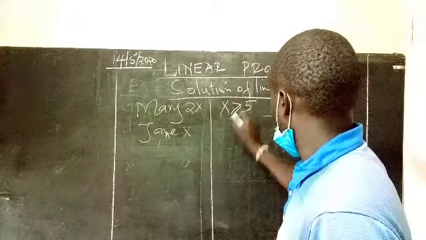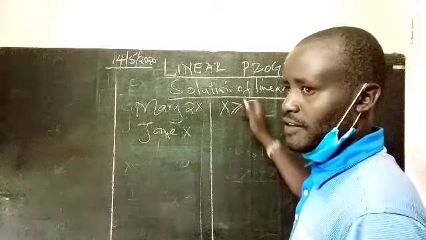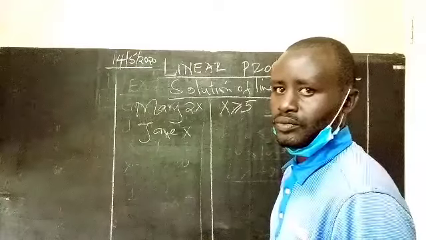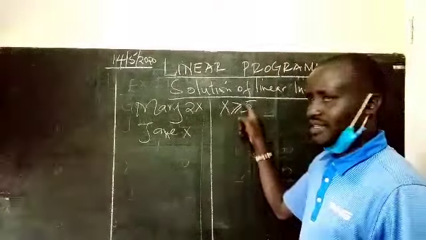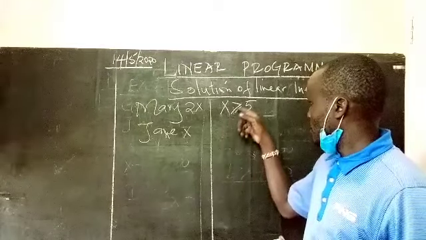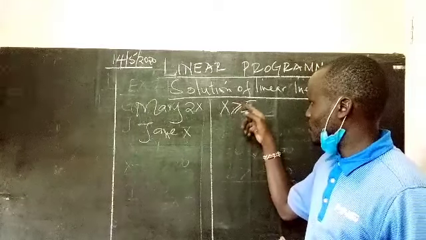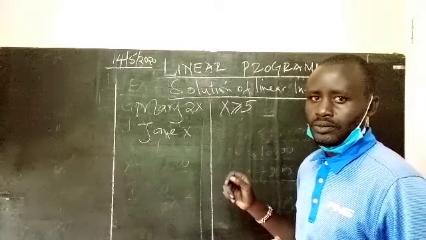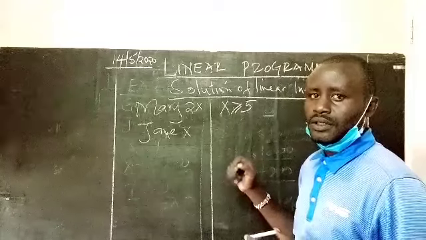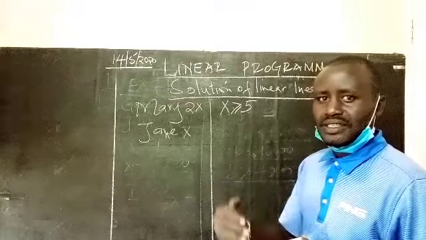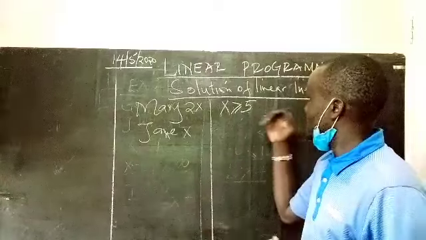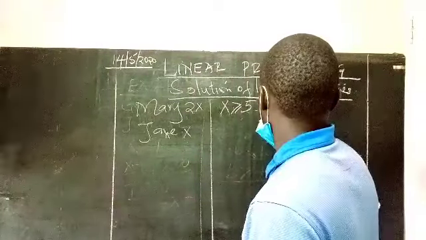X is not less than 5 years, meaning it is 5 years or more. Remember that we learned these signs in Form 2. Make sure you're familiar with these signs, so that you know at what point you are going to use greater or equal to. It means that 5 is inclusive. It is either 5 or 6 or 7, as long as it is 5 years or more. This is going to give us the first inequality.